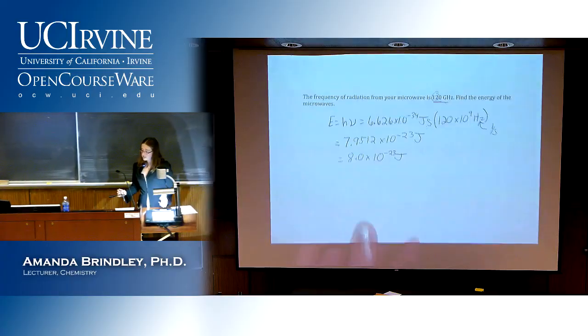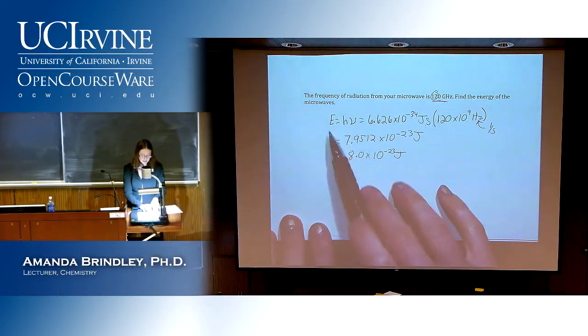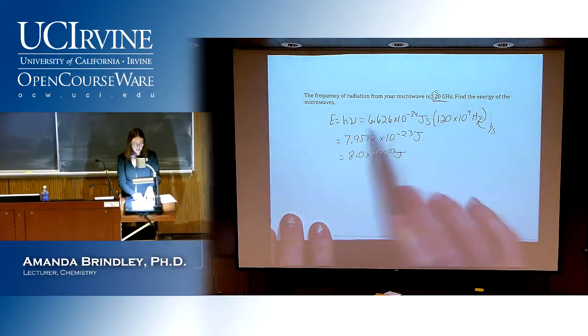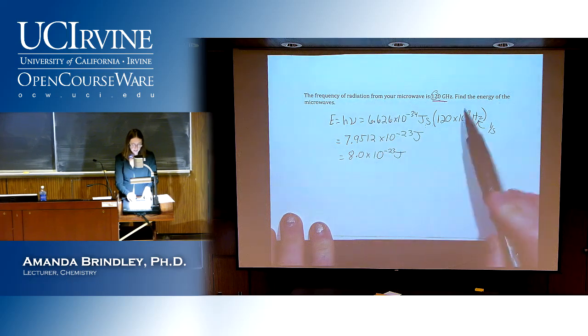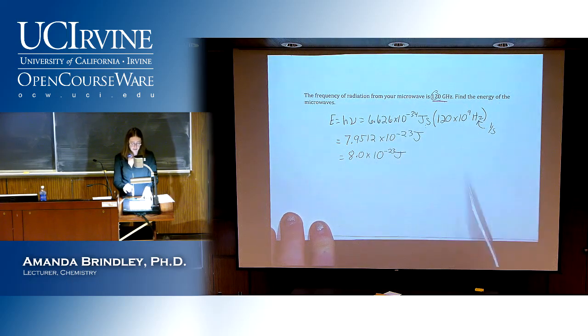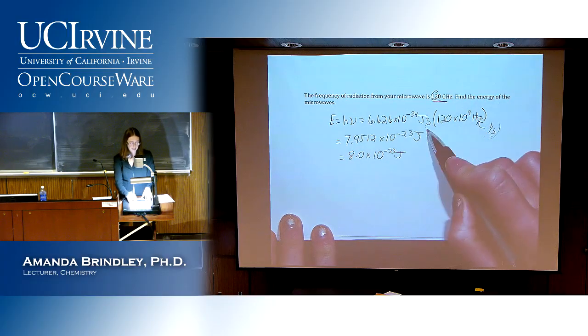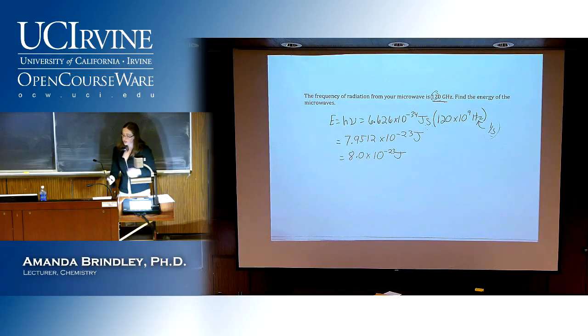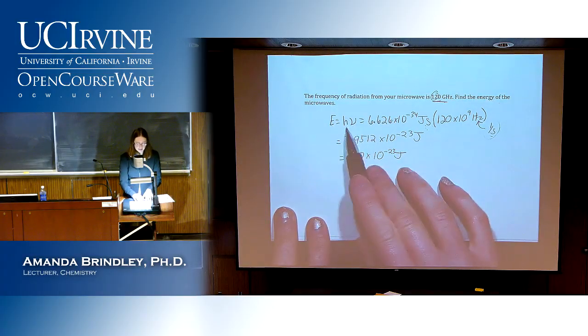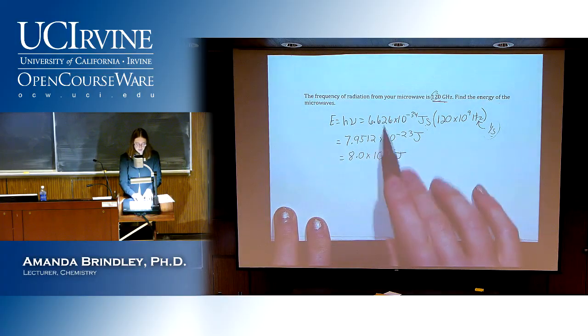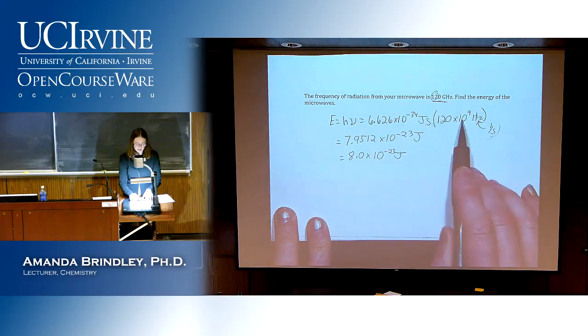So now that we've done this, we've seen that E is equal to h nu. We've seen that we have h and that we have 120 gigahertz. And we've noticed that hertz is equal to 1 over seconds, so that will cancel here. And since E is equal to h nu, we can fill this in with this.